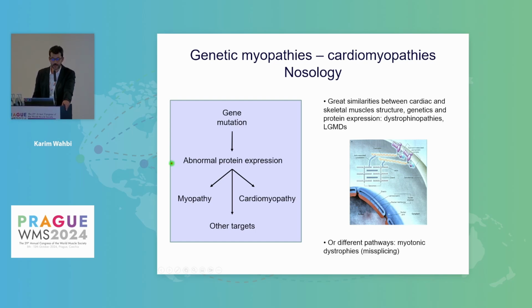You have the prominent one gene, one protein paradigm, with many of the proteins in the sarcomere, in the cytoplasm, in the nuclear membrane present in these two tissues.